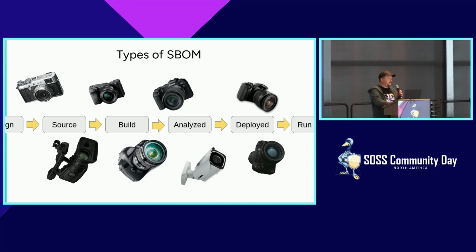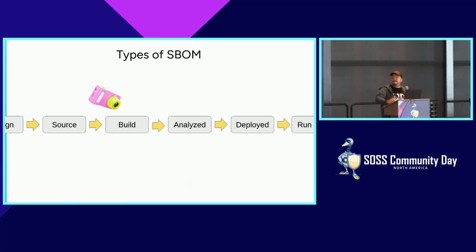Oftentimes what you'll see in projects, and this is mostly true for open source projects who need resources, you'll see something like this. People will take a camera, like a tool that generates SBOM, and it will often not be a really good camera, and it's pointed at one of the software development lifecycle phases.